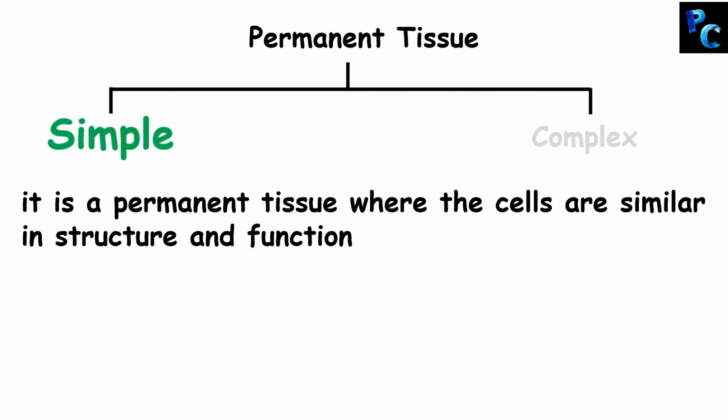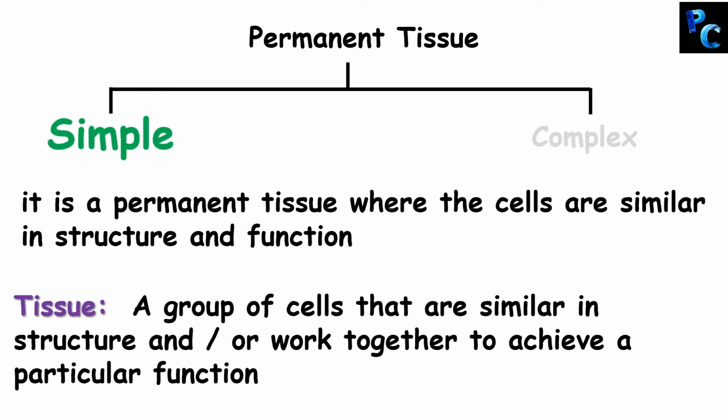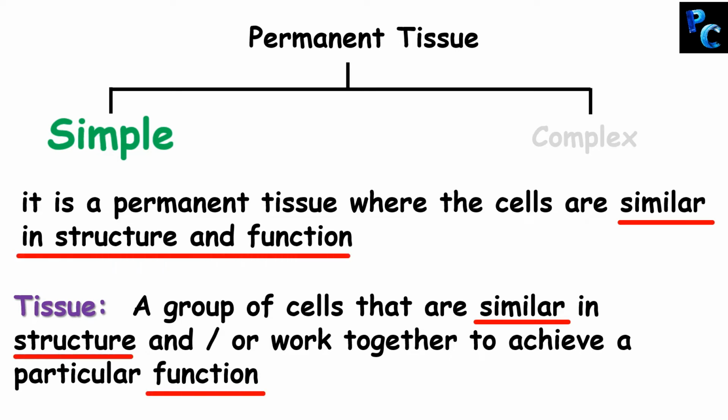Remember the definition of tissue? Tissue is a group of cells that are similar in structure and or work together to achieve a particular function. So in case of simple permanent tissue, they are similar in structure and they do a particular function. Complex tissues will have different kinds of cell. I will talk about complex tissue in the upcoming videos.